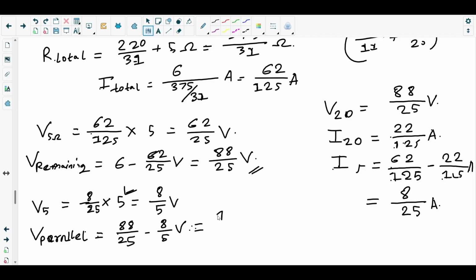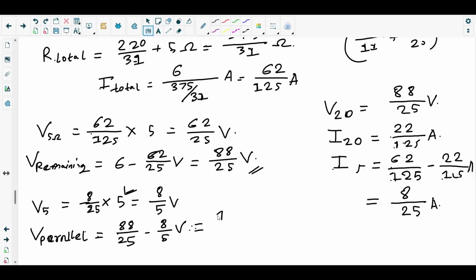Okay, so we got V load, the PD across the load resistor, it is 48 over 25 volt.